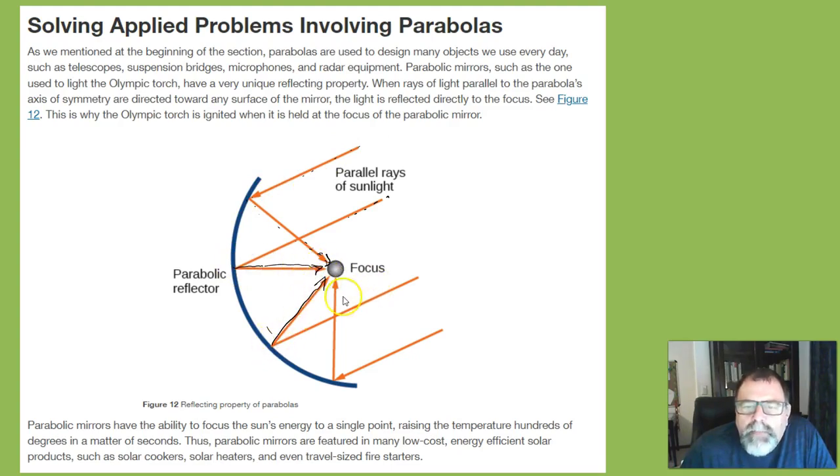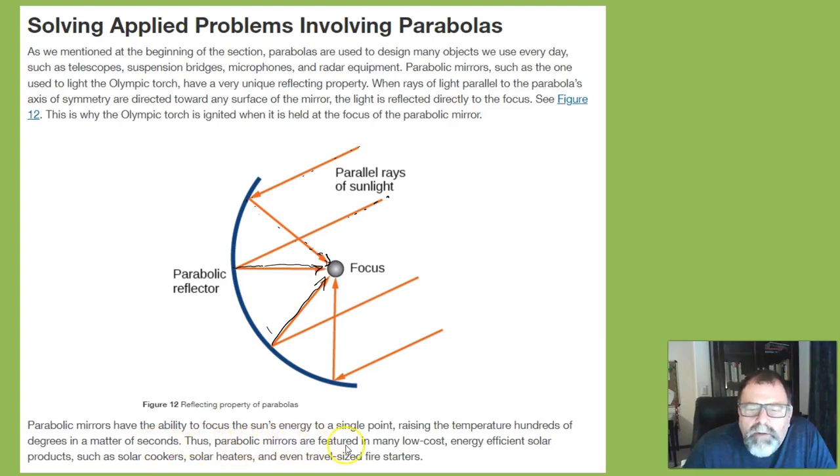It focuses that energy, and that's why we call it focus. So it's all getting directed to that spot, and then that would catch on fire. So parabolic mirrors have the ability to focus the sun's energy to a single point, raising the temperature hundreds of degrees in a matter of seconds.